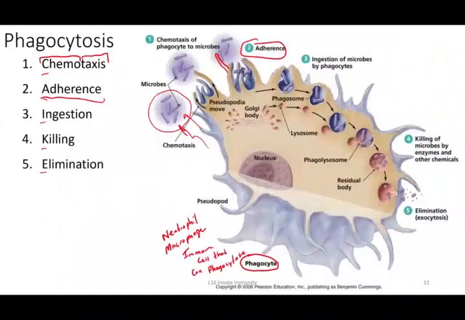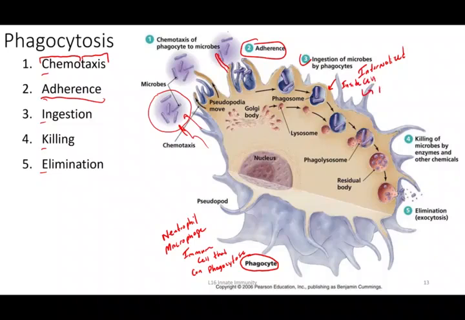Step 3 is ingestion. So here's step 3, ingestion. And what that means is the actual microbes are internalized. And so now they are actually inside the cell.